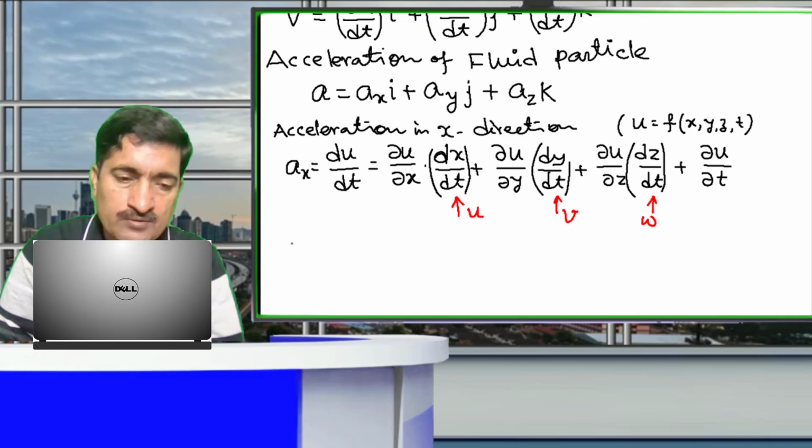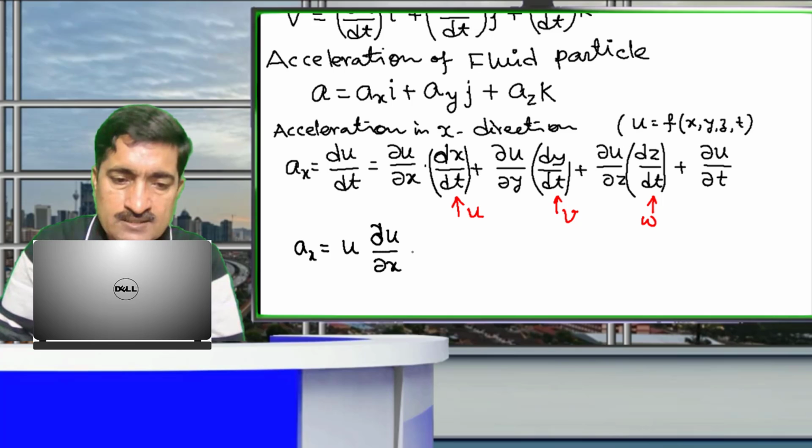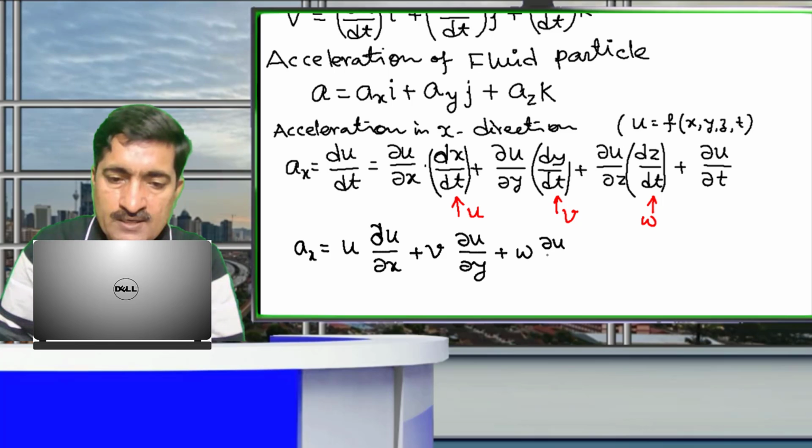Then ax, the acceleration in x direction, we can write u del u by del x plus v del u by del y, plus w del u by del z plus del u by del t.